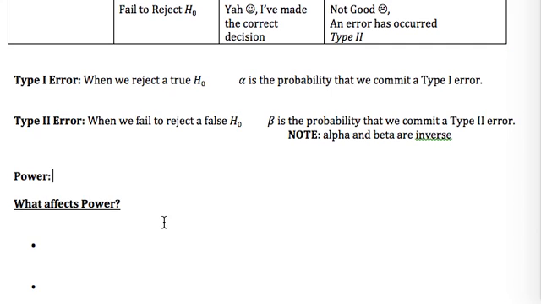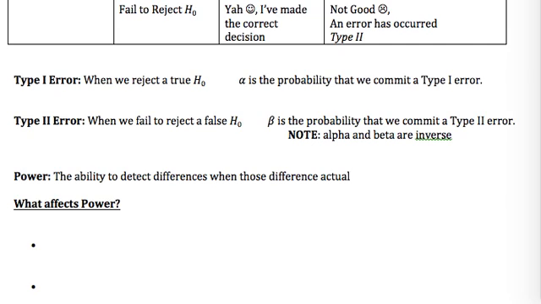Before we do that, though, let's talk about power. We'll get into more about power next week, but you guys are also going to start reading about it this weekend. But I'm going to give you some pointers before you do that. So power has to do with these error types. The ability to detect differences when those differences actually exist is called power.